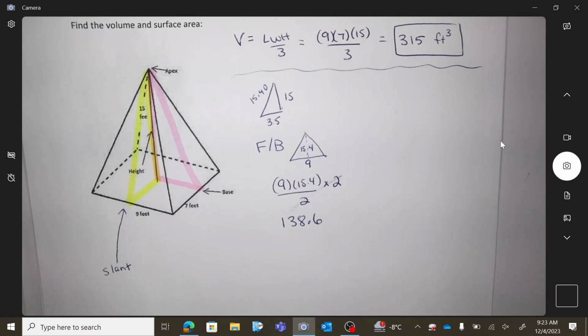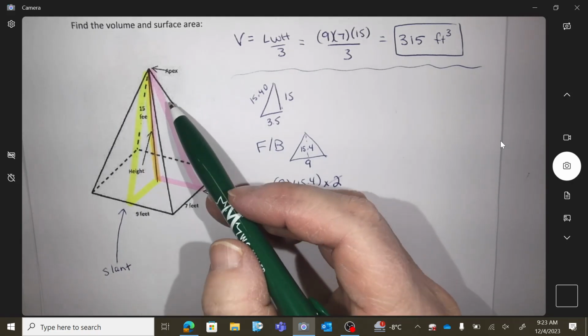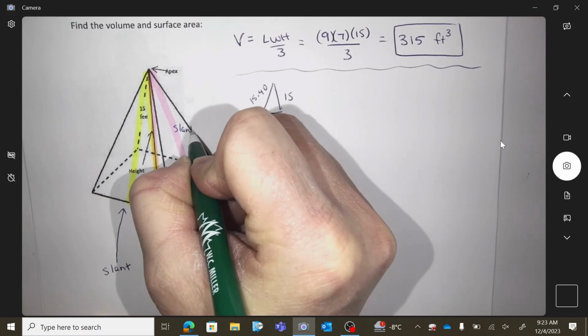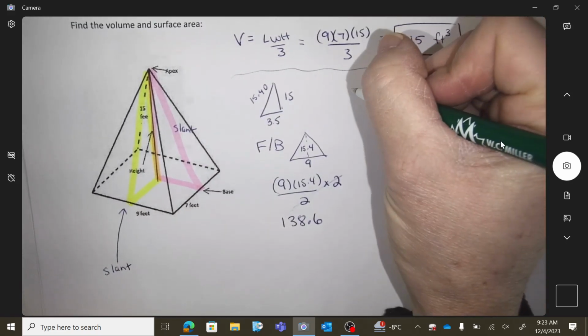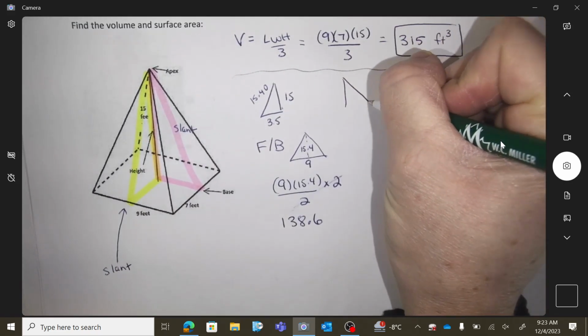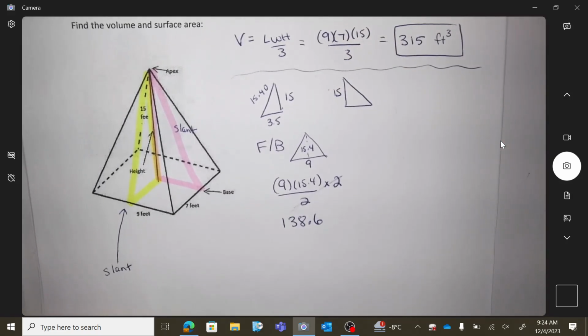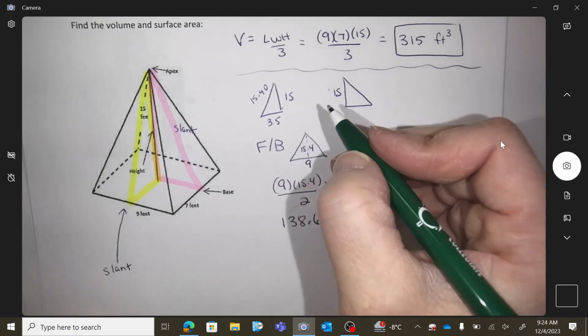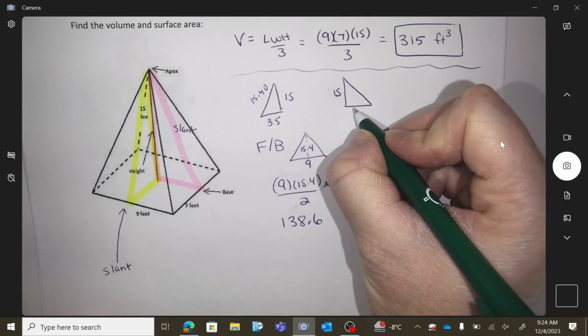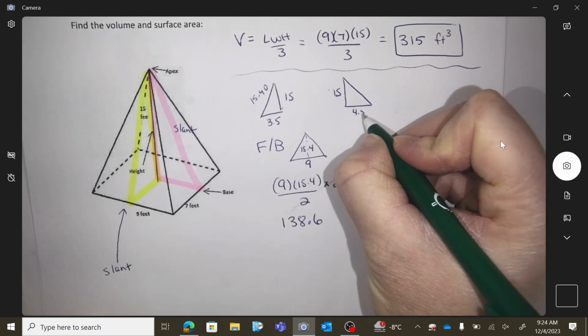Okay, now I'm on to the pink highlighted part. So I need the slant along this side. The 15 is up and down in the middle, and the bottom of this one would be 4.5.